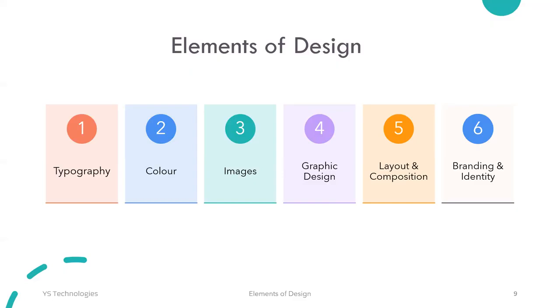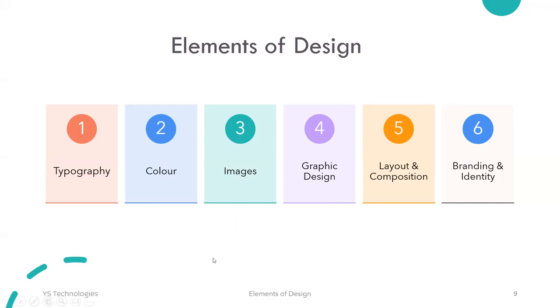Then finally, in the context of a business, how can the elements of design aid in not only establishing a consistent brand, but also an identity for the brand? Brands have not only an appearance, but they also have an attitude or a quality. And we'll see some examples of how this is brought out through design.